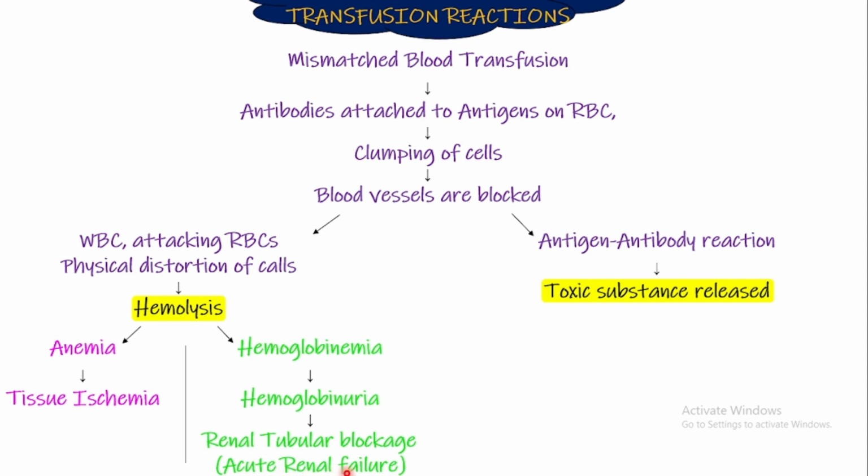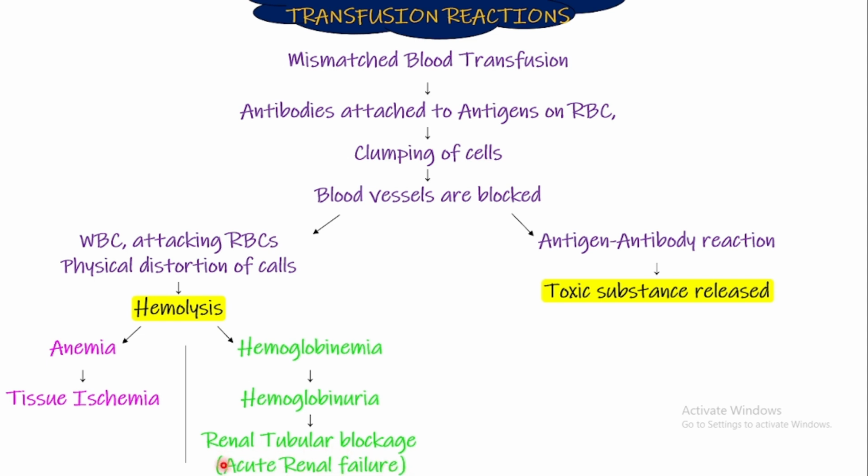So there is renal tubular blockage. And whenever there is renal tubular blockage, it is basically a form of acute renal failure. So after the transfusion reaction, there is tissue ischemia and there is a chance of acute renal failure.